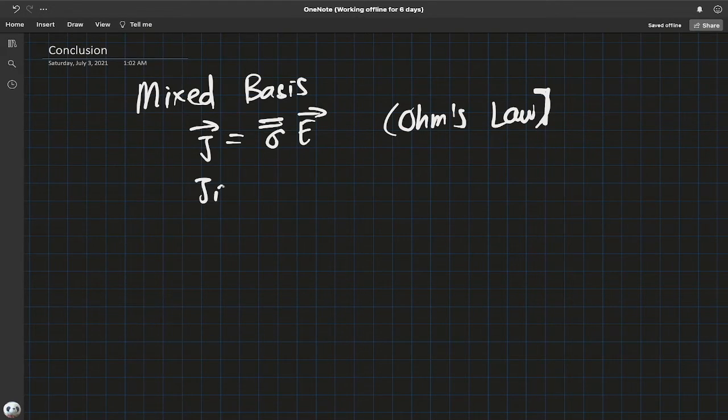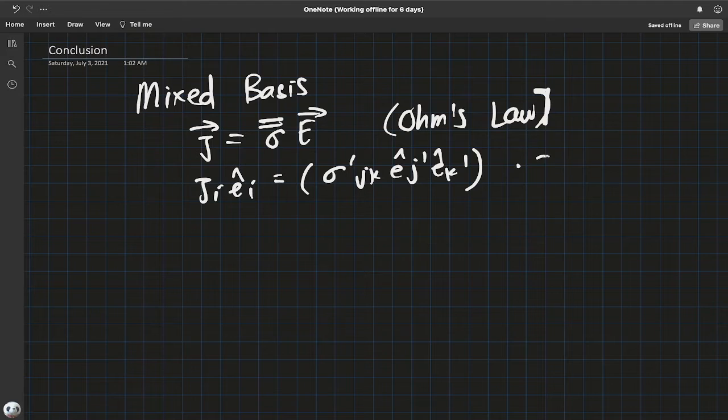Well, J sub i, e sub i hat is equal to, if you represent this tensor in the prime system, it will be sigma prime sub jk, e sub j prime, e sub k prime, dotted with, say, e sub l hat.